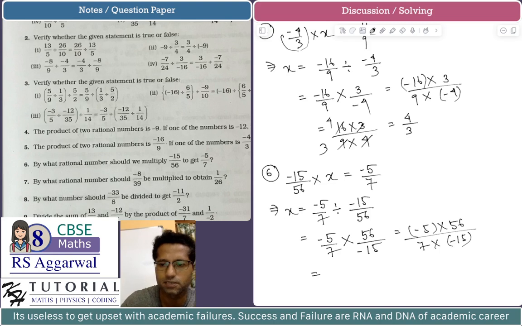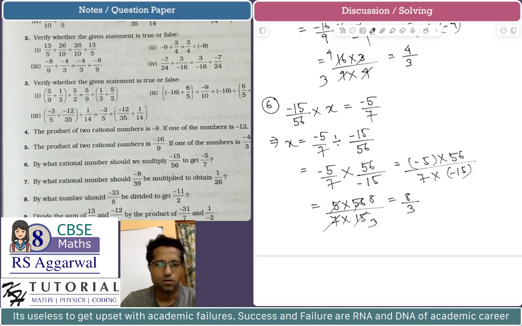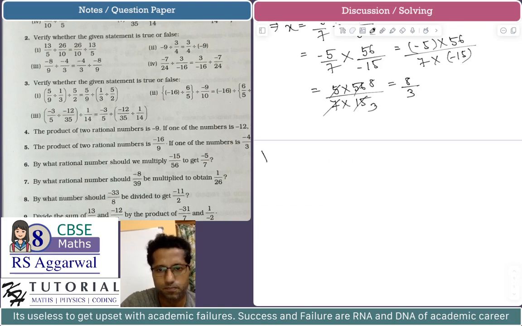Now minus minus cancels out. We can write it as 5 multiplied by 56 divided by 7 multiplied by 15. Now if you do cancellation, this is equal to 8 by 3. So the number that should be multiplied with minus 15 by 56 to get minus 5 by 7 is 8 by 3.